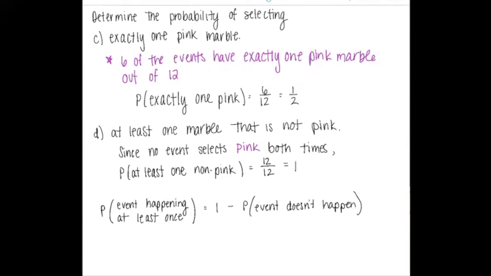So if the event doesn't happen, that means we selected pink both times. That never happens. So this would be 0. Okay. Do you need this formula? Not really, especially if it's something you can list everything out. So just when things can get complicated, we have this as a tool.